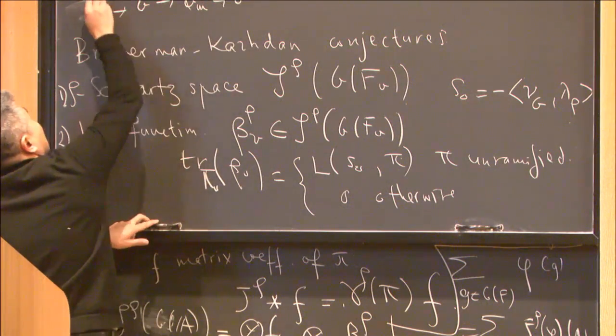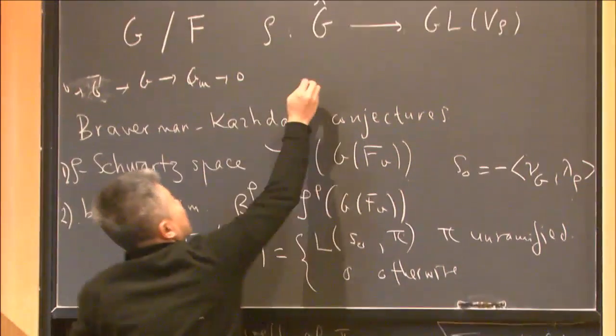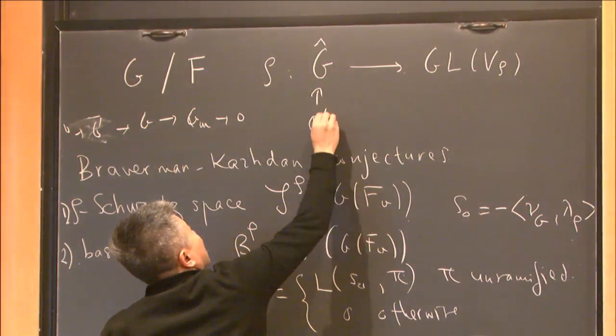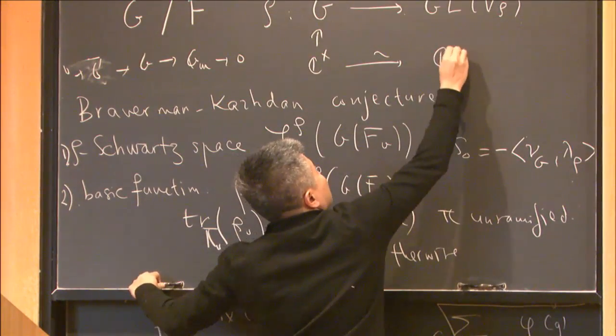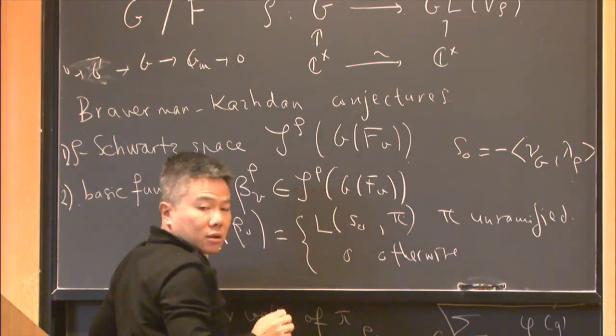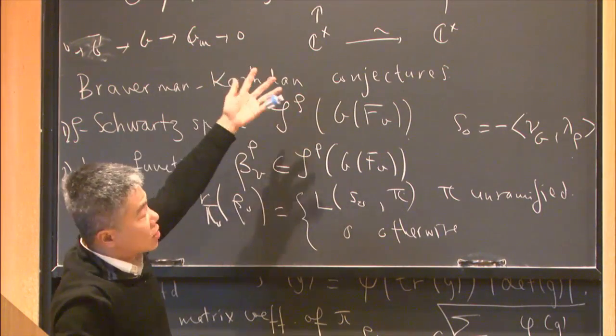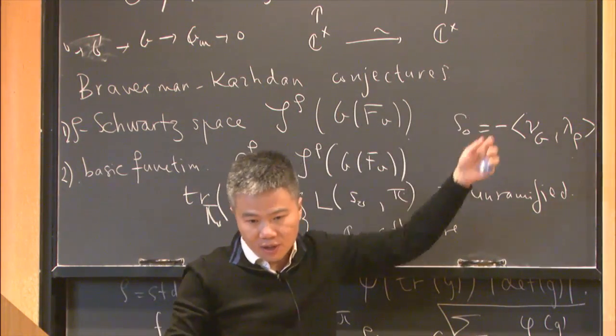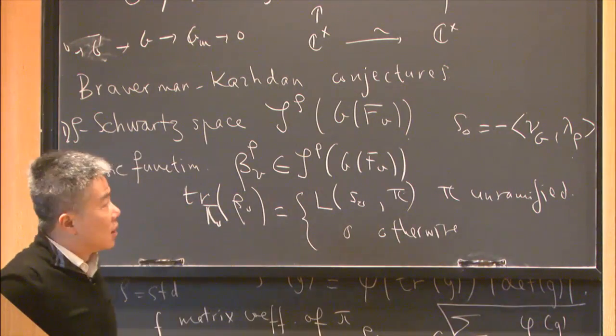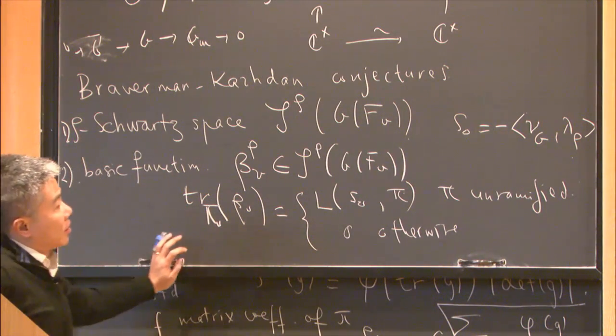By the way, I should only put myself in this better situation where G has a G_m, and here the G_m, the C star, acts as C star on this. So just make things better. You can do that just by adding formally some C star to your group. So it's a kind of harmless thing.